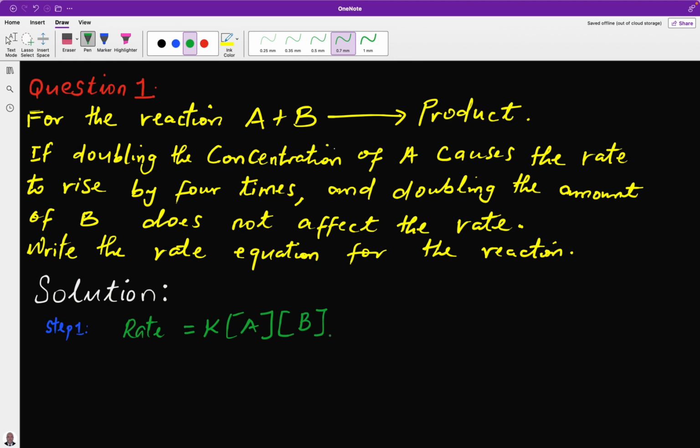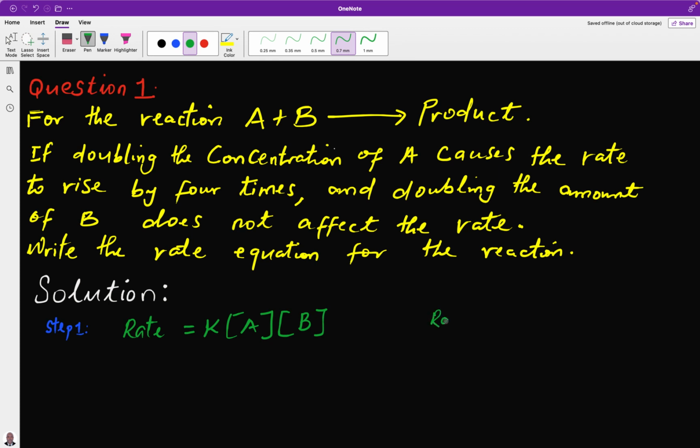But we have been told that doubling the concentration of A causes the rate to rise by 4. Okay, let's do some rough work here.